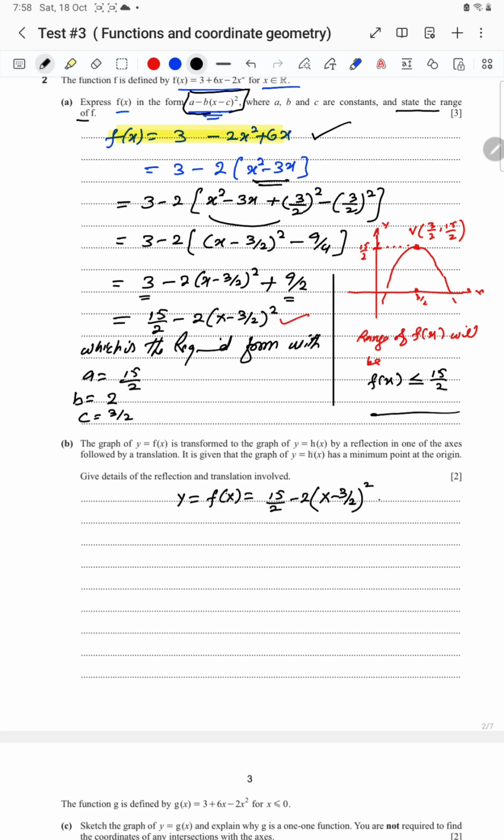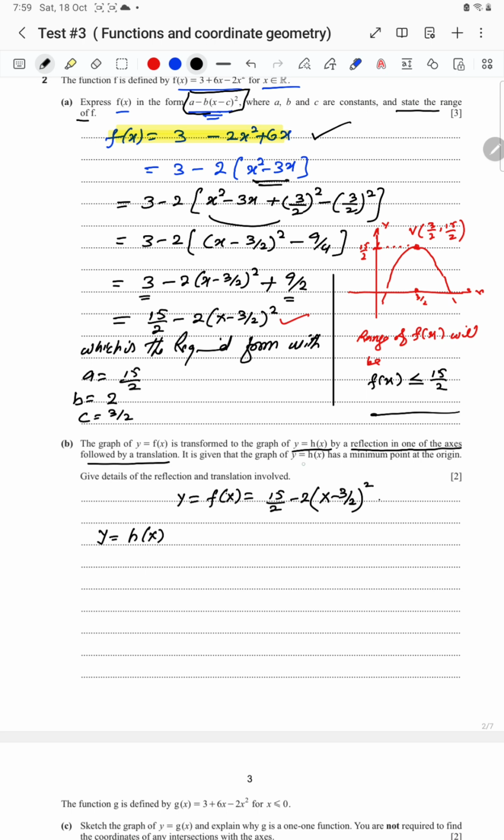It is given that it is transformed to y equal to h of x by reflection in one of the axes followed by a translation. Okay, first is reflection. So this reflection takes reflection along the x-axis, so in one of the axes. Okay, and what else is given?